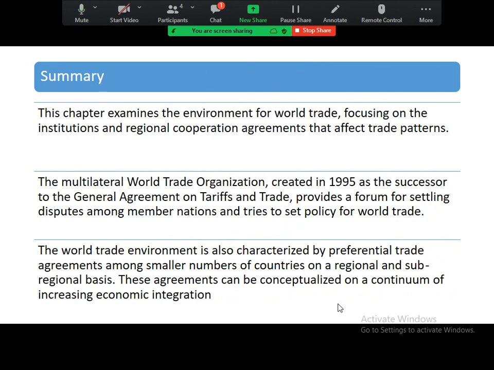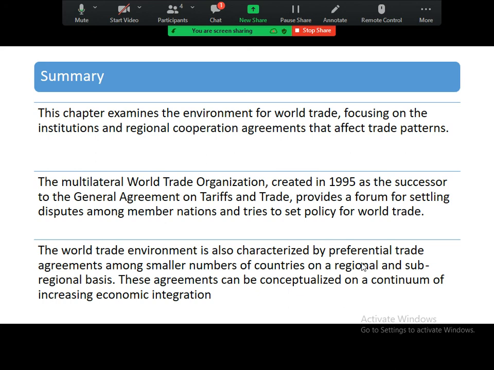So this particular chapter is the global trade environment. This chapter examines the environment for world trade, focusing on the institutions and regional cooperation agreements that affect trade patterns.